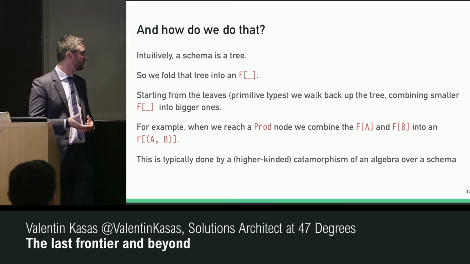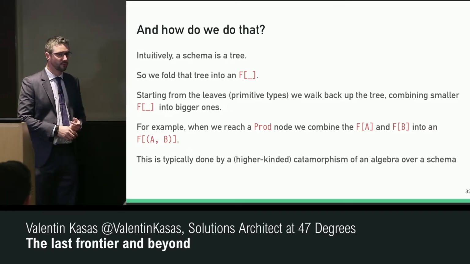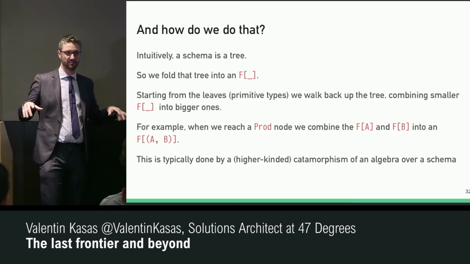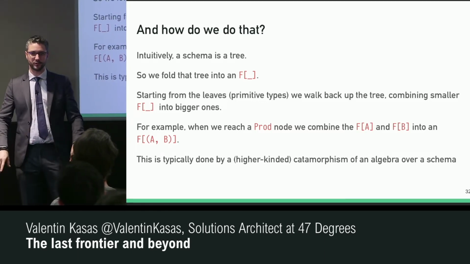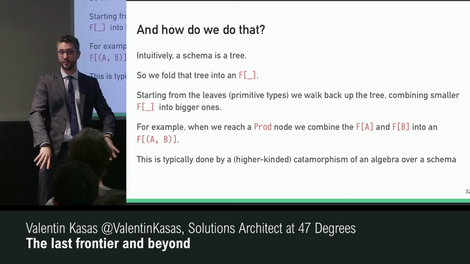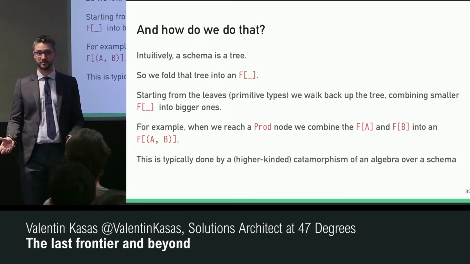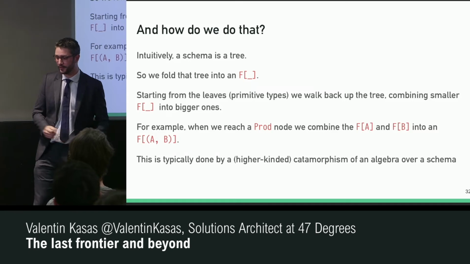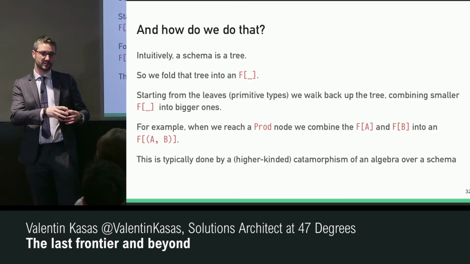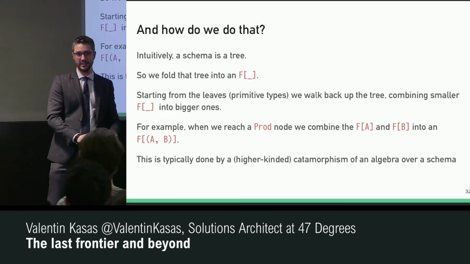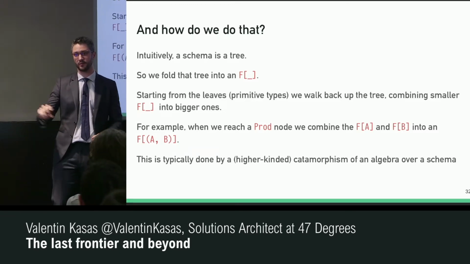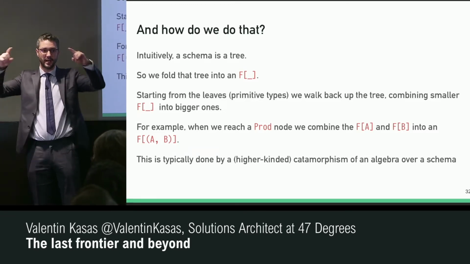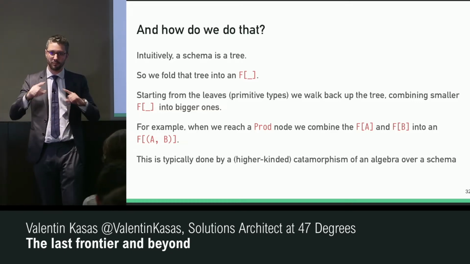And how does it work? It's pretty simple. The recursion scheme library goes to the bottom of the tree. At the bottom of the schema, you have your primitive types: int, string, boolean, whatever. It transforms these small leaves, the schema of an int, the schema of a string, into an f of int or f of string. And then it climbs the tree back up.